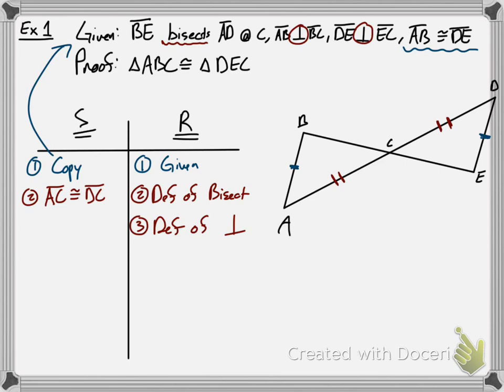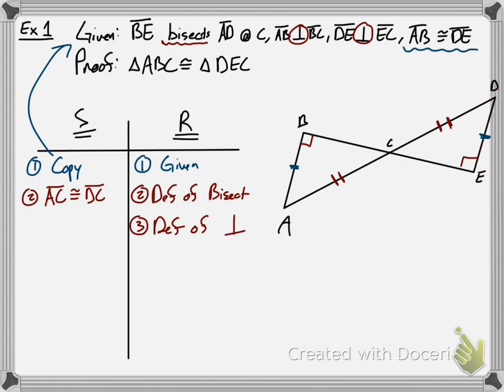All right. Now we're going to talk about definition of perpendicular. The first definition of perpendicular that we're going to use is AB is perpendicular to BC. So we have these two lines that form a right angle. And we also have DE forming a right angle with EC.